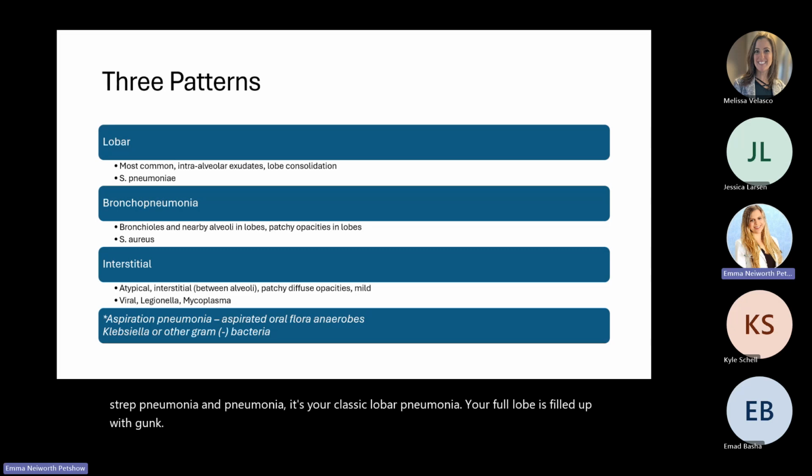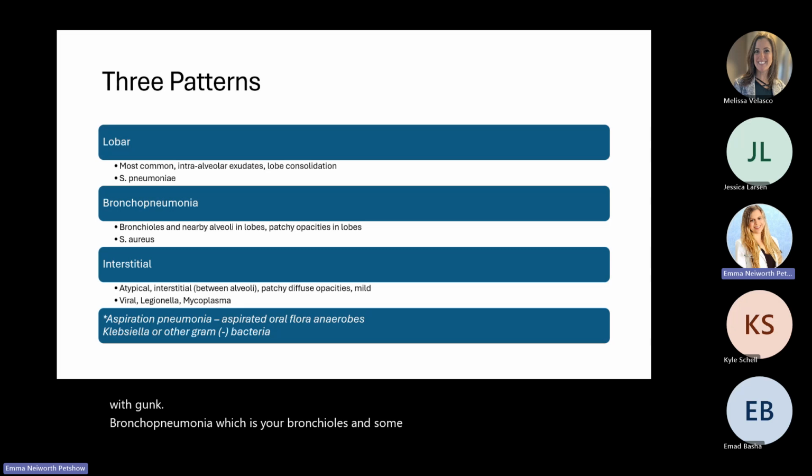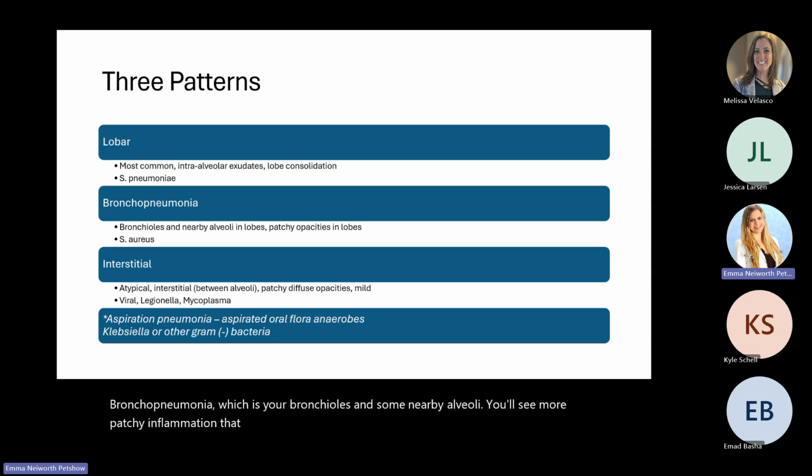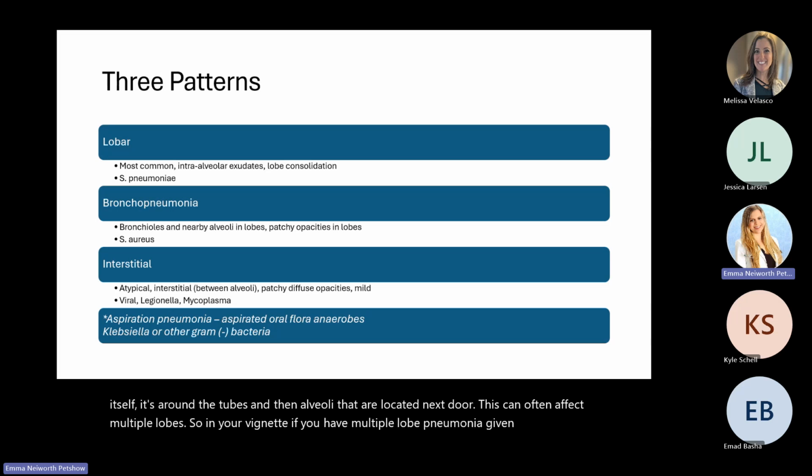Bronchopneumonia, which involves your bronchioles and some nearby alveoli, you'll see more patchy inflammation centered around these bronchial tubes. Instead of a full lobe itself, it's around the tubes and the alveoli located next door. This can often affect multiple lobes. So in your vignette, if you have multiple lobe pneumonia, you're thinking maybe this is a bronchopneumonia.